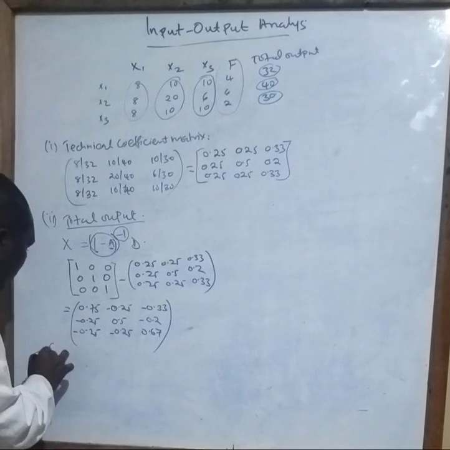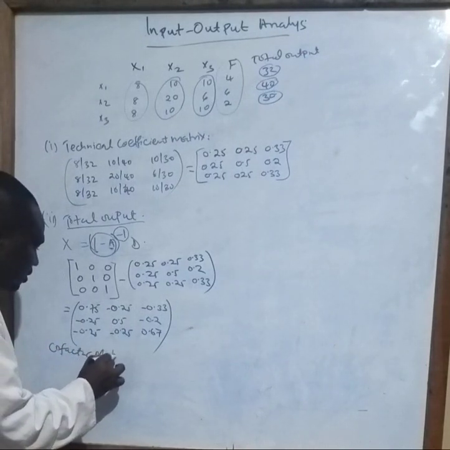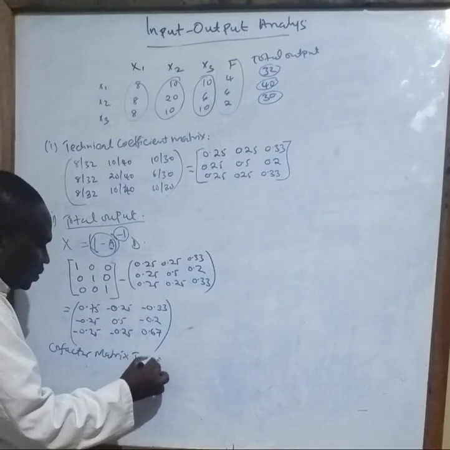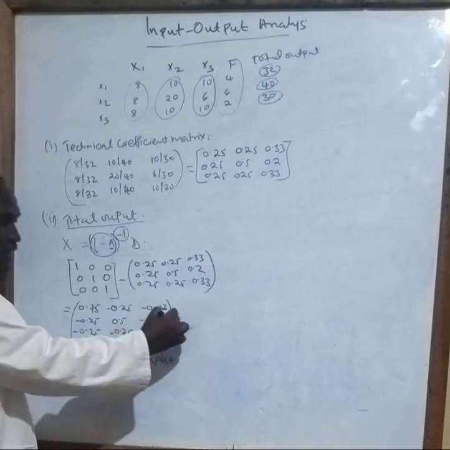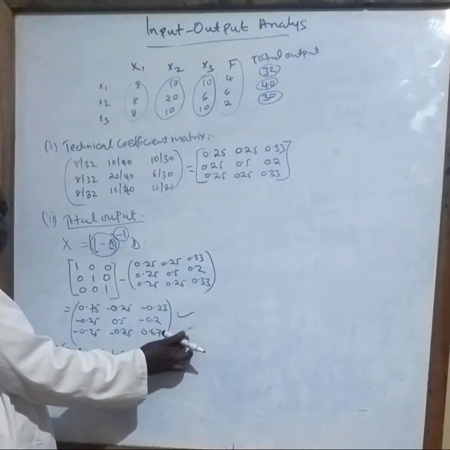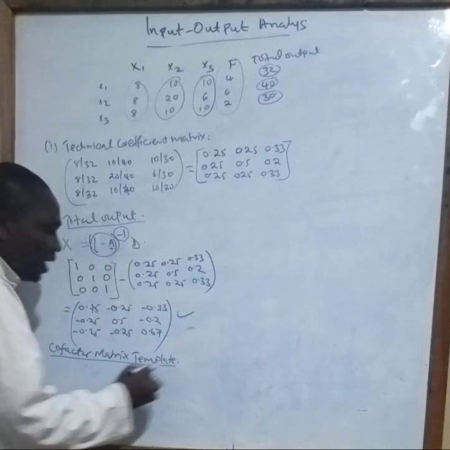From here, we get what they call the cofactor matrix template. So this is our matrix now. This is our correct matrix. Now we go to the coefficient matrix template.